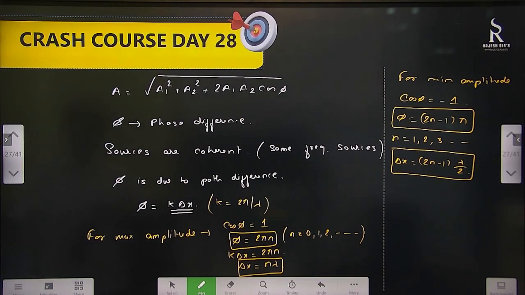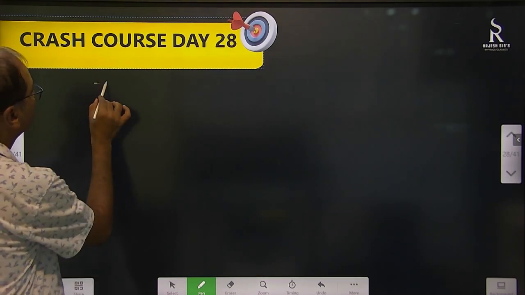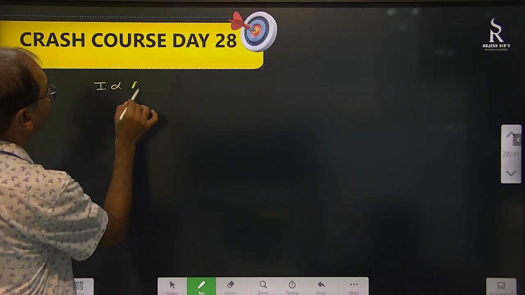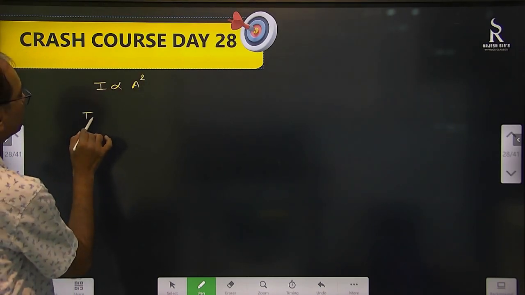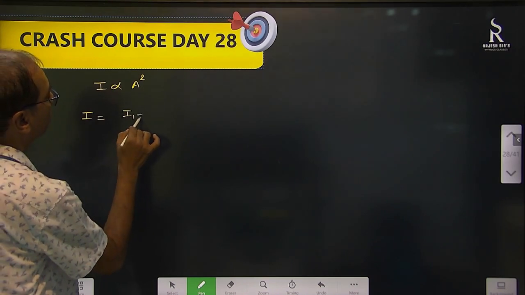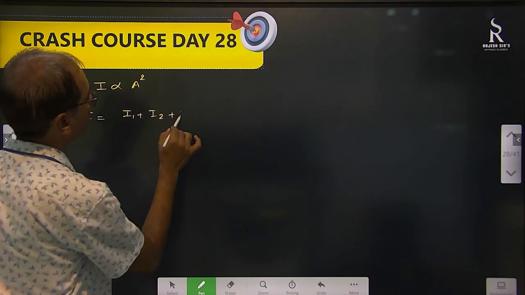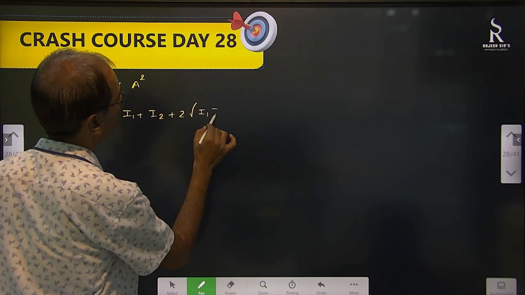Same thing we write in terms of intensity also. For intensity, now we know that intensity is proportional to amplitude square. So the same formula in terms of intensity we write as I equal to I1 plus I2 plus 2 root over I1 I2 cos phi.